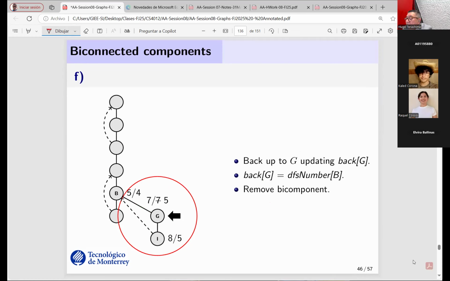And then I go back from G to B, right? And I find that this 5 is equal to 5. So it means that I have found an articulation component here. And this articulation component is the head of this biconnected component here.